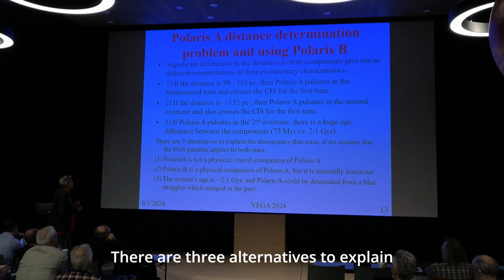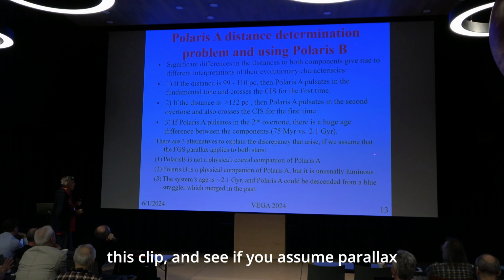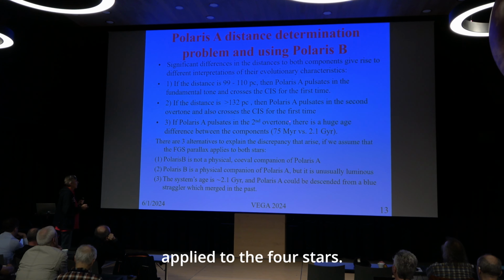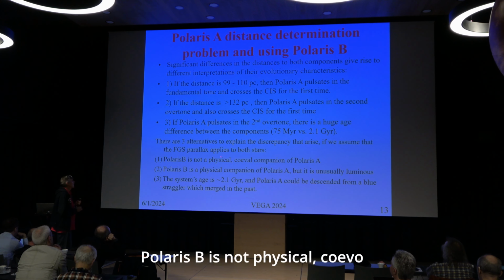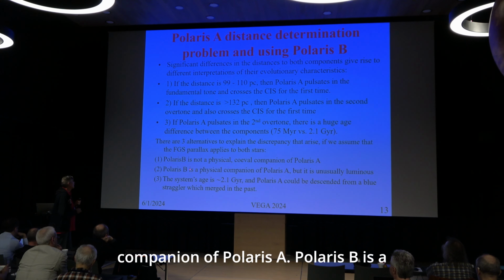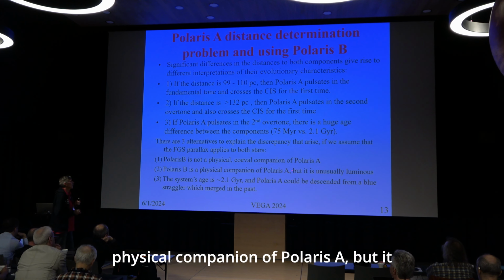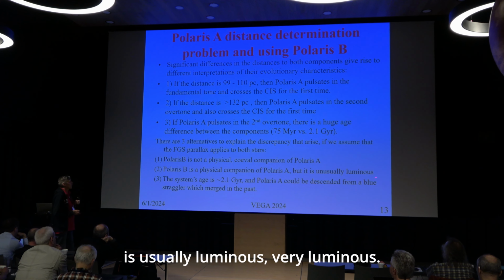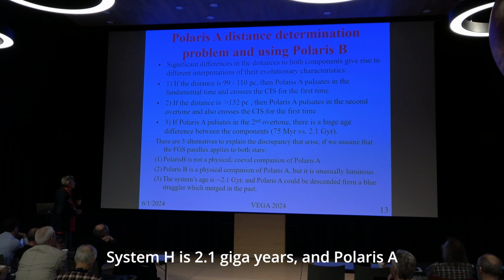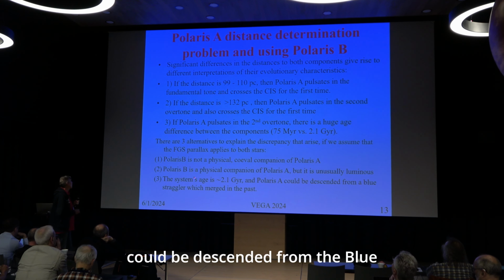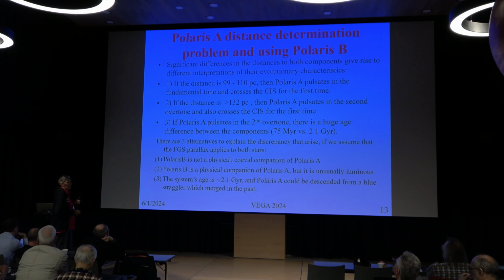There are three alternatives to explain the discrepancy if you assume the parallax applies to the stars. Polaris B is not a physical coeval companion of Polaris A. Or Polaris B is a physical companion of Polaris A, but it is unusually, very luminous. Or the system age is 2.1 gigayears, and Polaris A could be descended from a blue straggler which merged in the past.